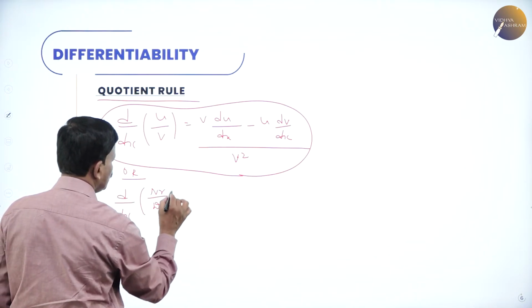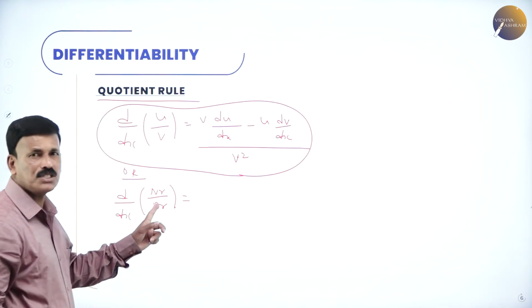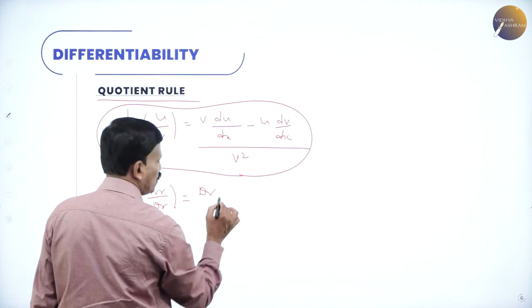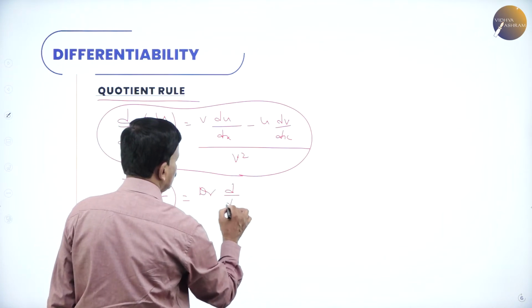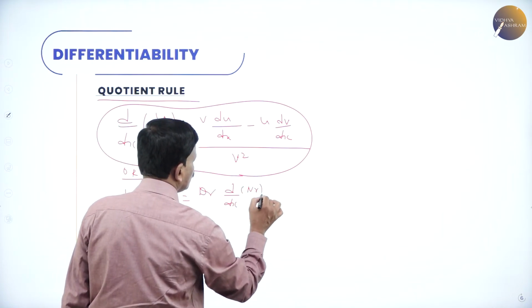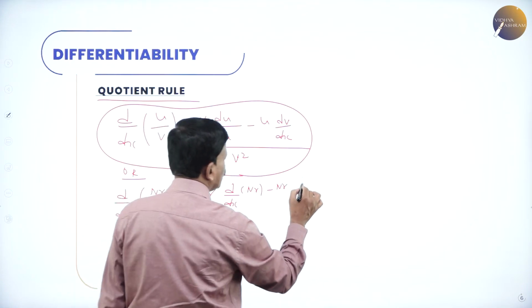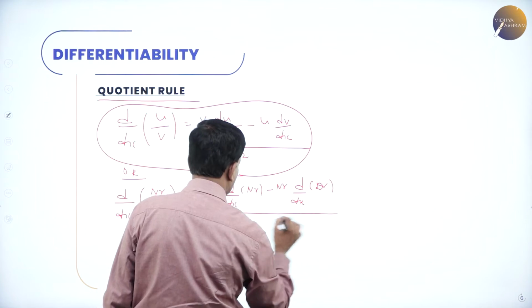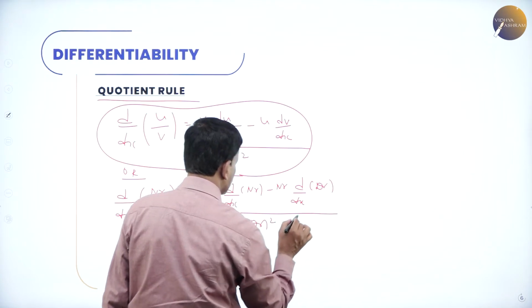Or this can also be written like this: d by dx of numerator divided by denominator. So this is equal to denominator first constant, denominator into the differentiation of the numerator minus numerator into d by dx of the denominator, divided by denominator square.